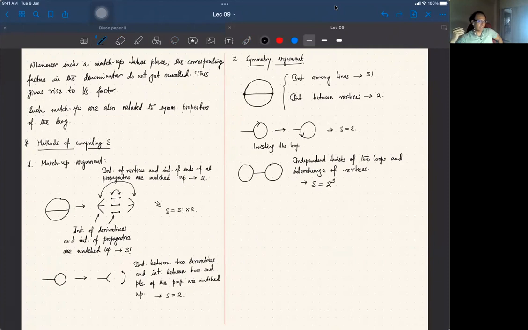In the interacting theory also, that same thing should happen. Then only our analysis enables us to write Wj as exponential of Zj, Zj being the set of connected diagrams. That argument goes through.